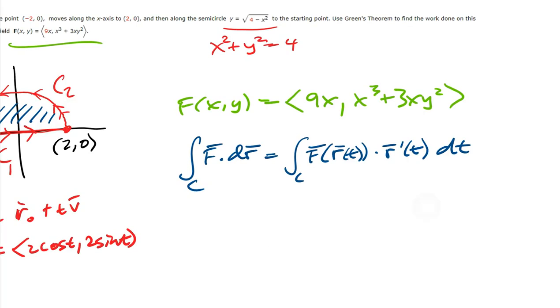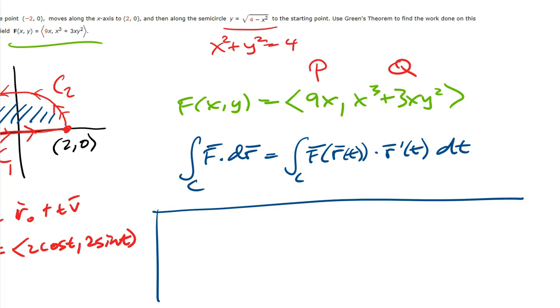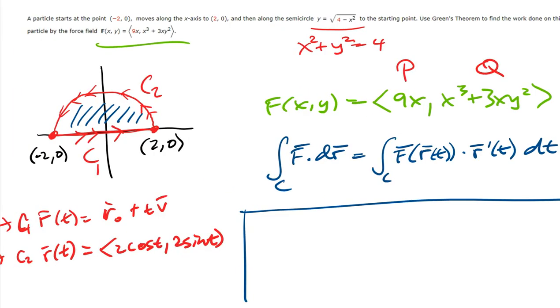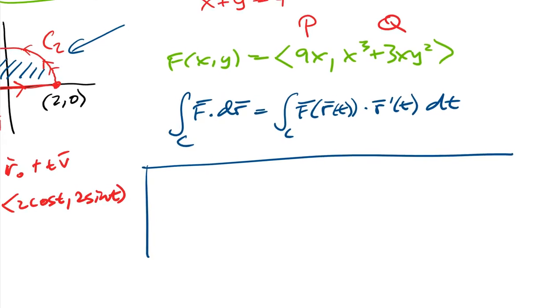So with Green's, we're going to call this P and this Q, that's for F. So Green says, instead of doing all that, I'm going to use the interior of this disk right here. So here we go.